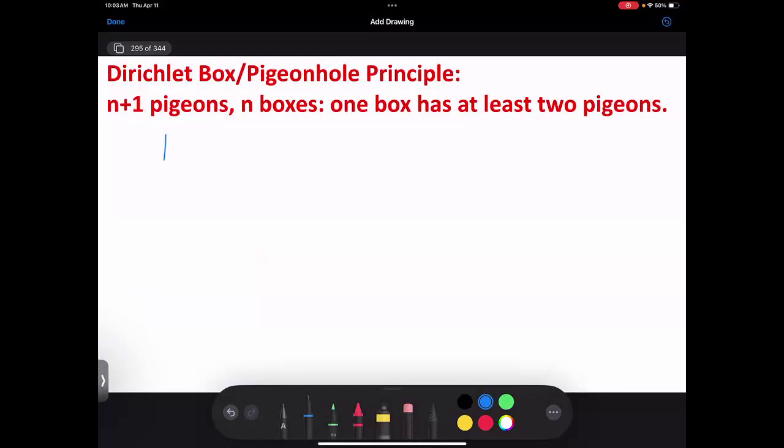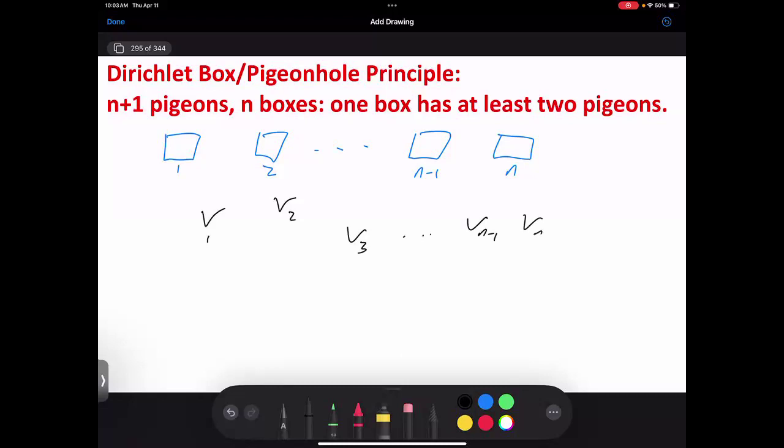Imagine we have boxes, box 1, box 2, ... box n-1, and box n. And then we have a bunch of pigeons, pigeon 1, pigeon 2, pigeon 3, ... pigeon n-1, pigeon n plus 1. And we somehow start assigning the pigeons to boxes. The claim is that at least one box has to have at least 2 pigeons.